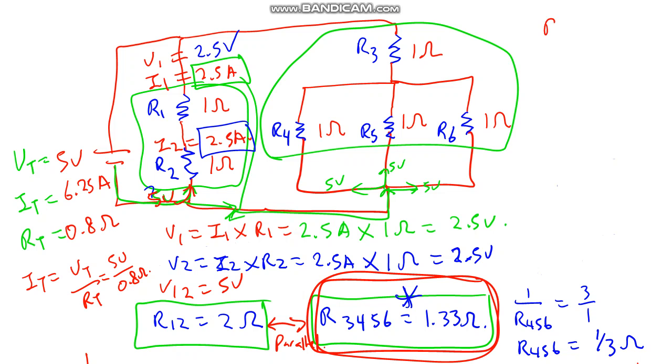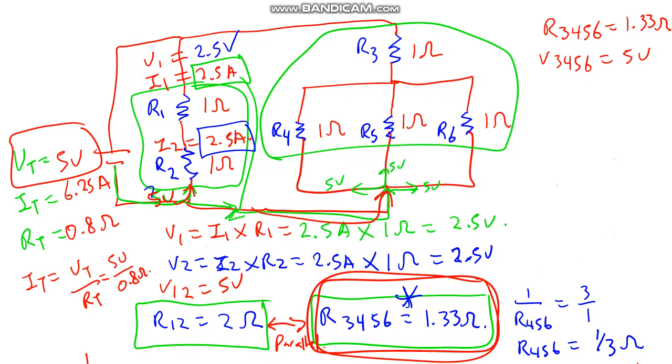So since we know R3456 is equal to 1.33 ohms, we also know the voltage for 3456 is 5 volts, because V total is 5 volts and is feeding the entire parallel circuit here. And in a parallel circuit, voltage doesn't drop, so V3456 will be 5 volts. So the voltage for that entire area will be 5 volts.